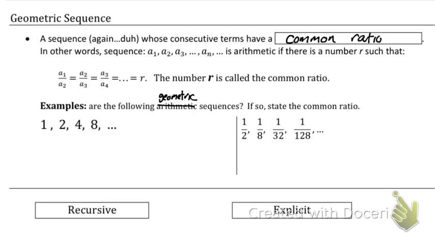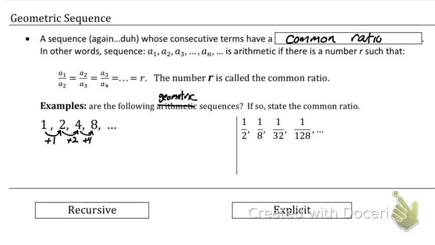All right. So we look at that first one. It's 1, 2, 4, 8. The first check I'm going to do is see if it's arithmetic. In order for it to be arithmetic, I'd have to add the same number over and over and over. Well, this would be plus 1, plus 2, plus 4. It's not arithmetic, so I'm going to go a different route.